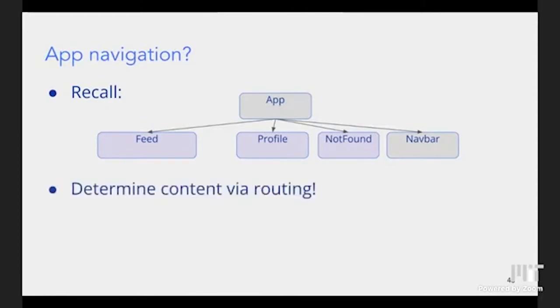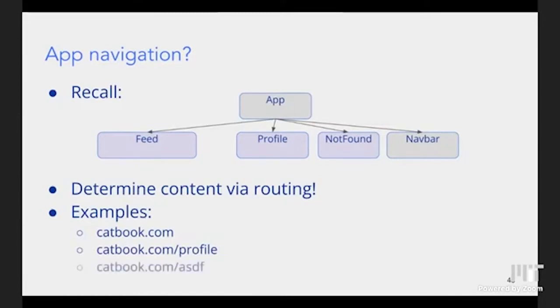So how we want this to work is that we want the website to display different content based on different routes. So for example, if you do capbook.com, you want it to point to the feed. If you have capbook.com/profile, you want it to point to the profile. And if you have capbook.com/some URL that's not defined, then you want it to point to the not found page.